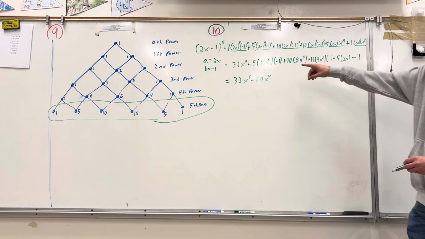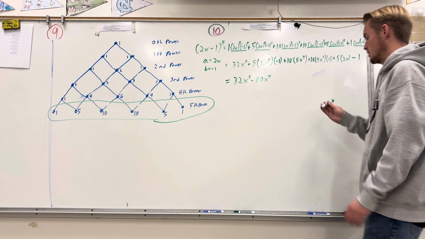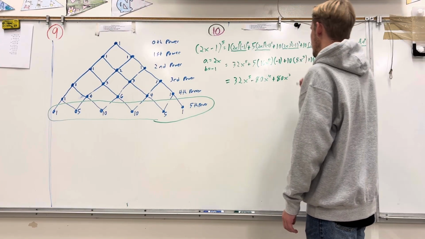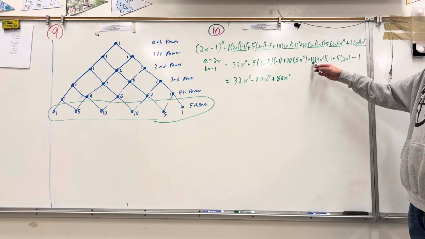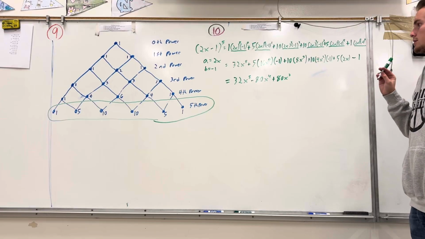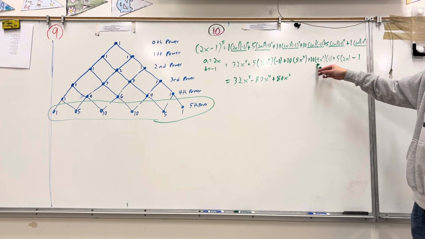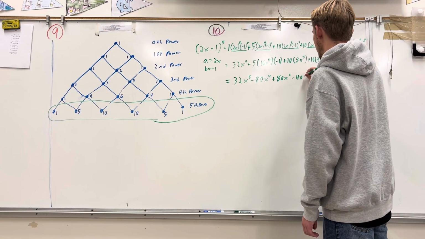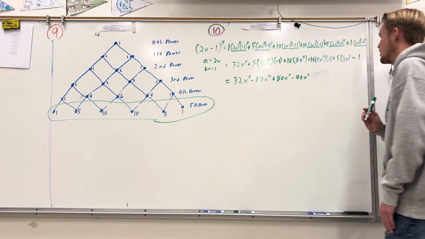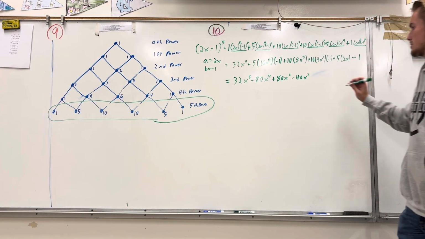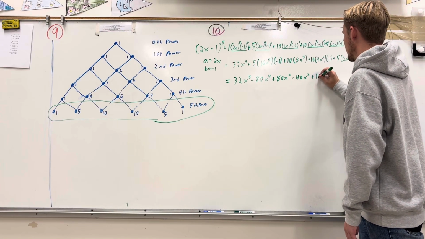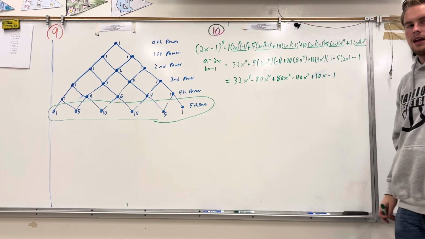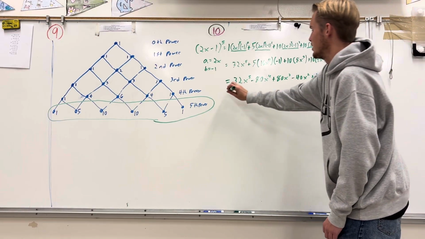And then 10 times 8x cubed, that's just plus 80x to the power 3. Plus 10 times 4x squared is 40x squared. You multiply that by negative 1, you get negative 40x squared. 5 times 2x, that's just plus 10x. And then we still have this minus 1 at the end. And that is our final answer.